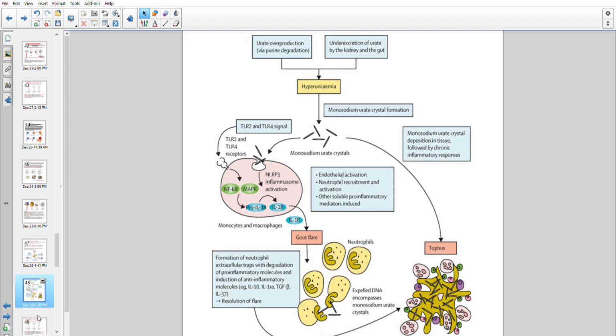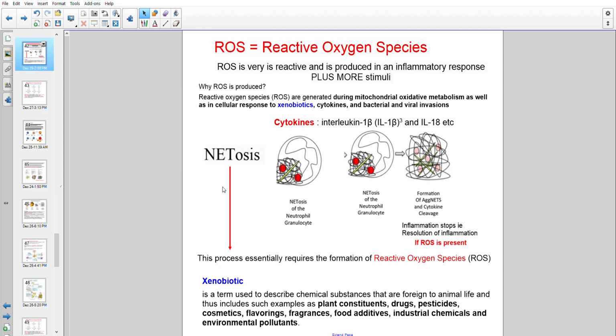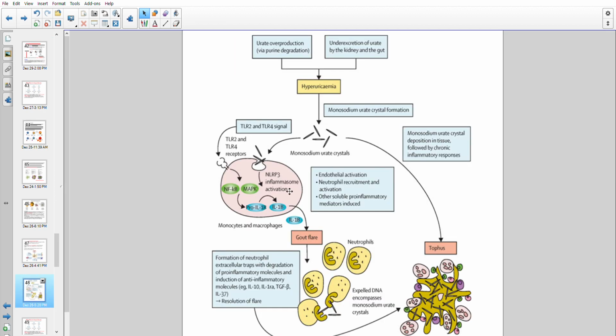And so then we have here an example of hyperuricemia, high levels of uric acid, which goes into the cells and releases the cytokines, which I told you before were the red dots up here. They were the red dots here, and here they are, releasing a whole lot of them.